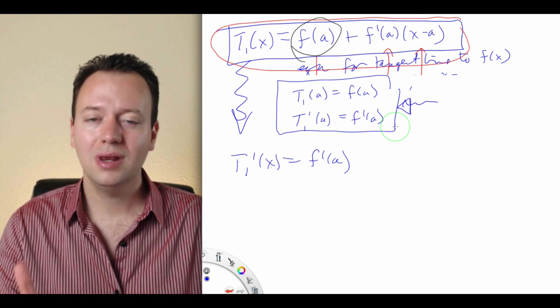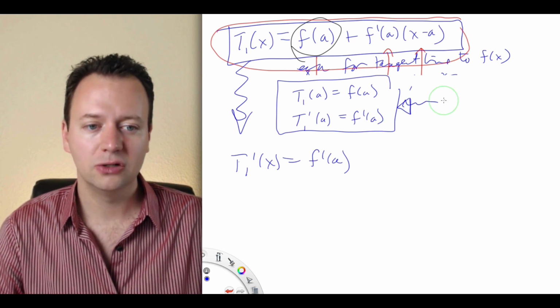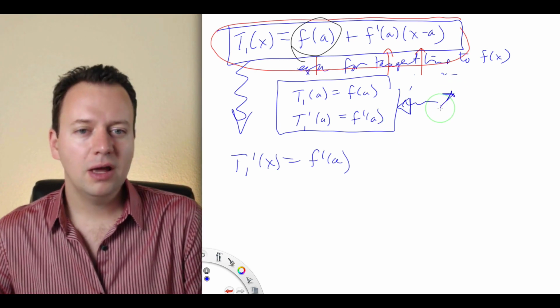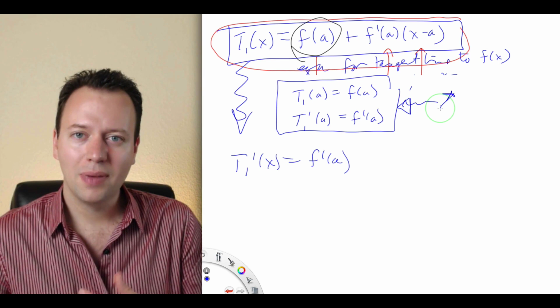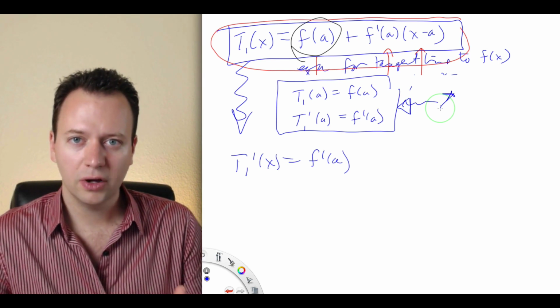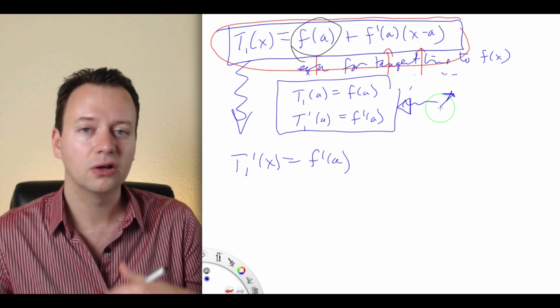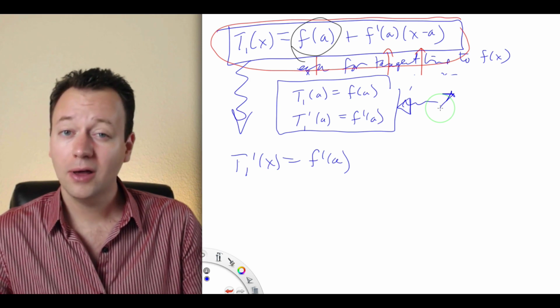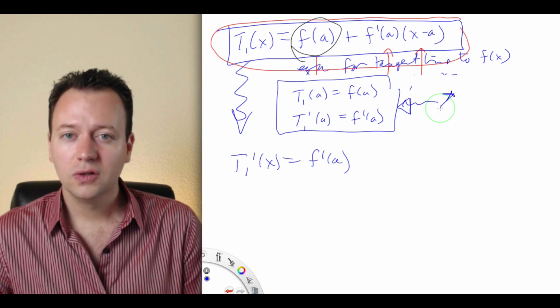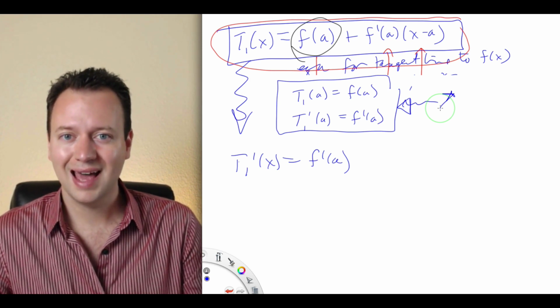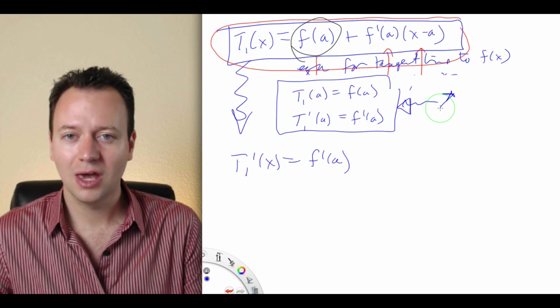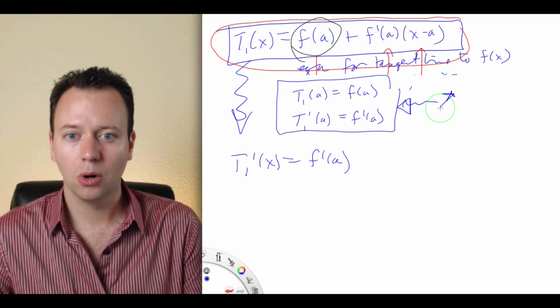So it's just the unique linear function that satisfies these two properties. So you might say, well, what if I want a better approximation to this function near this point? So instead of using a linear function, what about using a quadratic function? So that's the topic of our lecture today, and that is quadratic approximations of functions near a point.